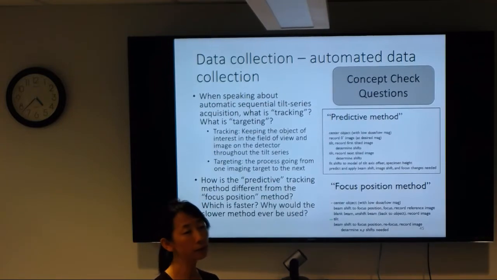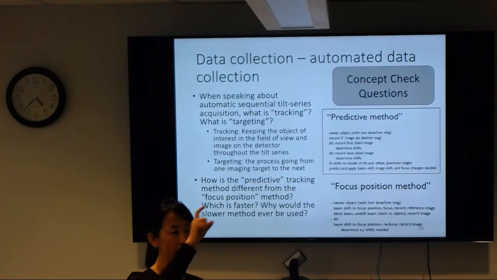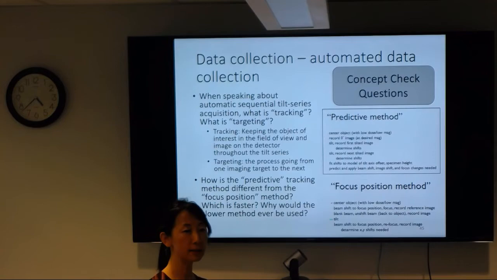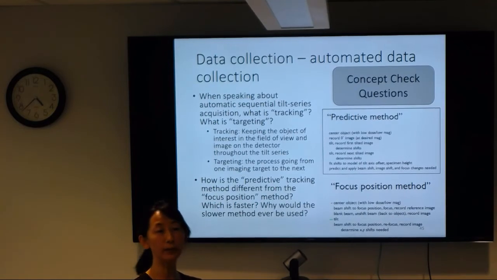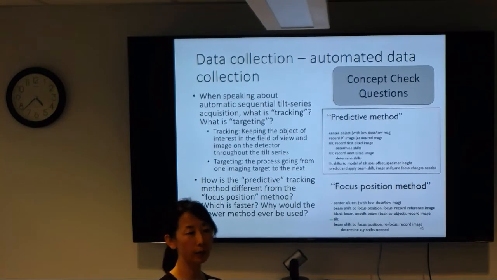Automated data collection means you come in at 9 a.m. to the lab, pick different locations on your EM grid that you want to image, and once you set it up, you can go home at 5 p.m. The microscope will go to one location, take the tilt series, and then automatically jump to the second location and take another tilt series.